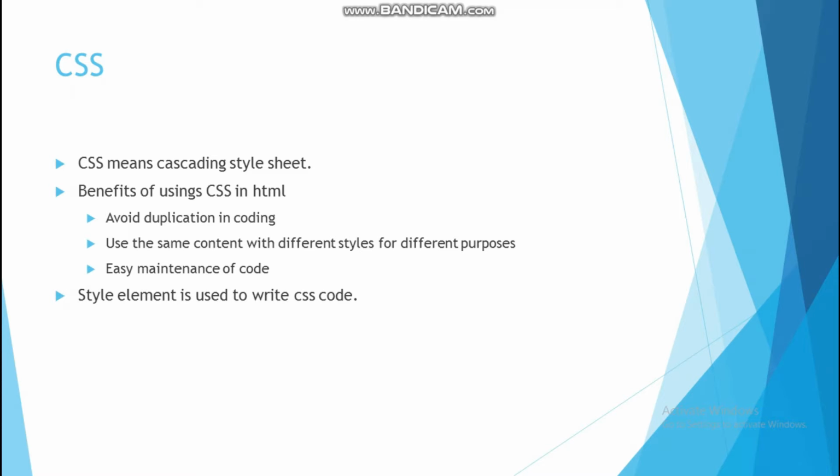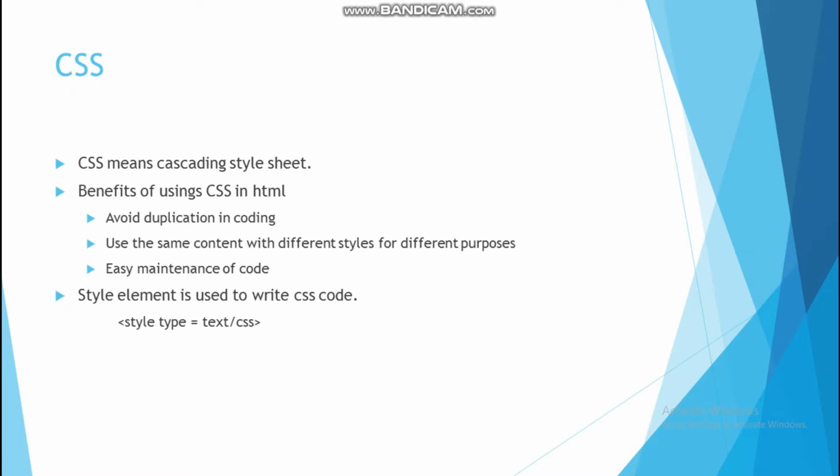Style element is used to write CSS code. So if you want to write CSS code inside HTML, then you have to use style tag. So we have to start with style tag. You can say tag or element, doesn't matter. So inside style element we have to write type is equal to text slash CSS.